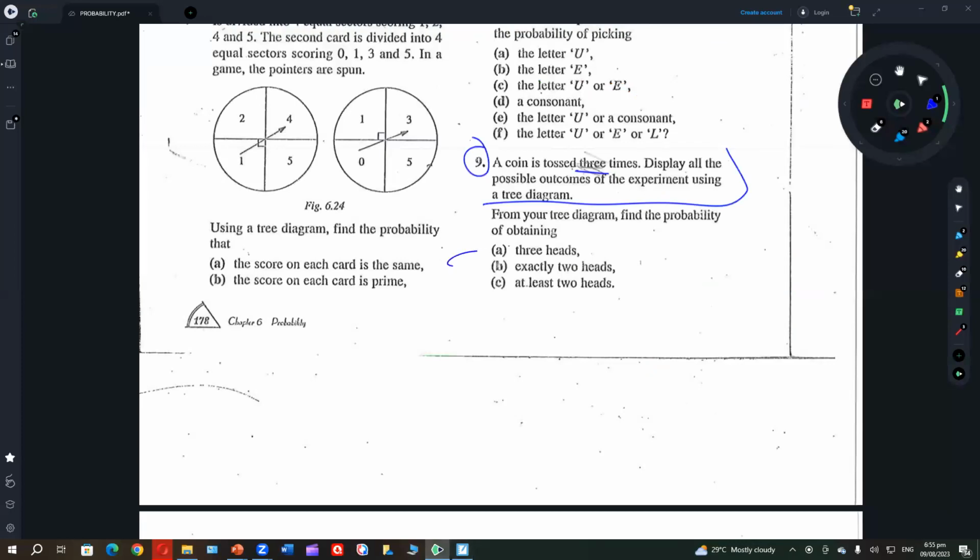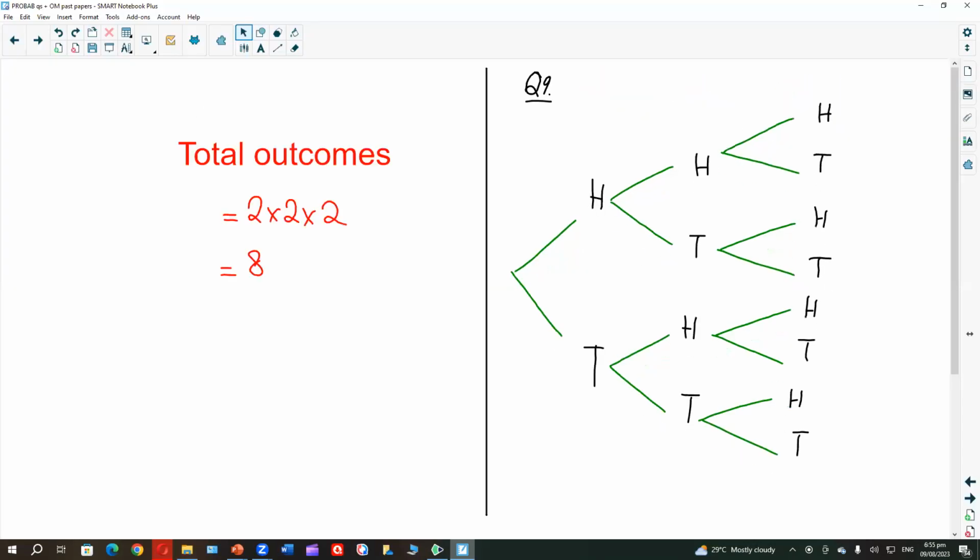And now read the first part. 3 heads. So we need to find the 3 heads. So first find total outcomes. Yes.